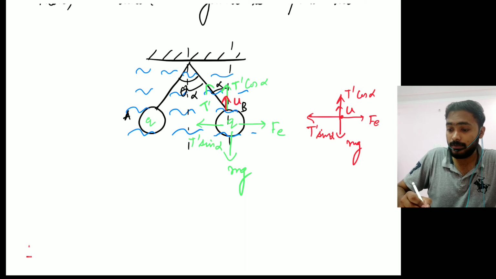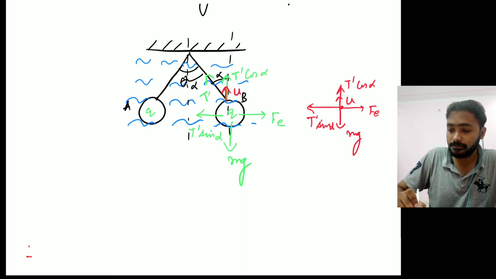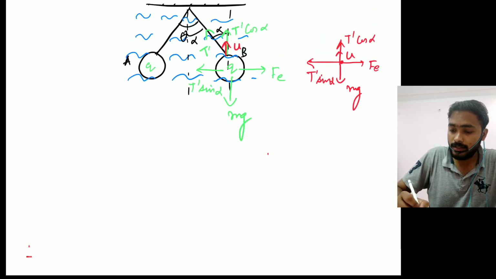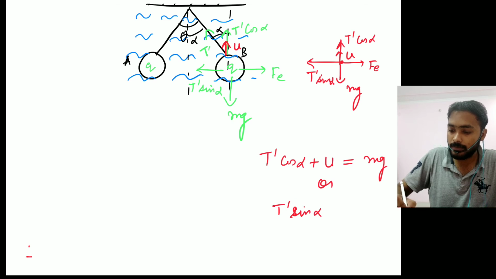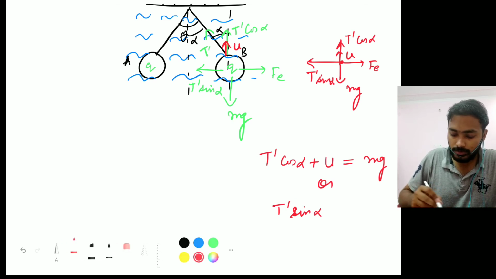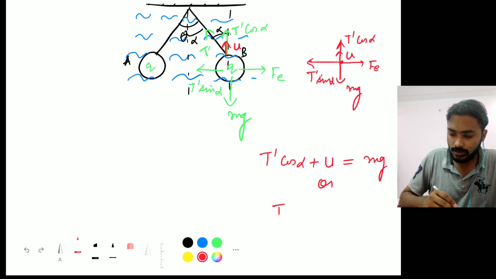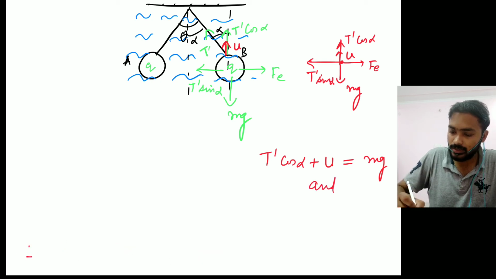With the help of the FBD I can write T dash cos alpha plus upthrust is equal to mg, and the next equation is T dash sin alpha, which is equal to Fe.